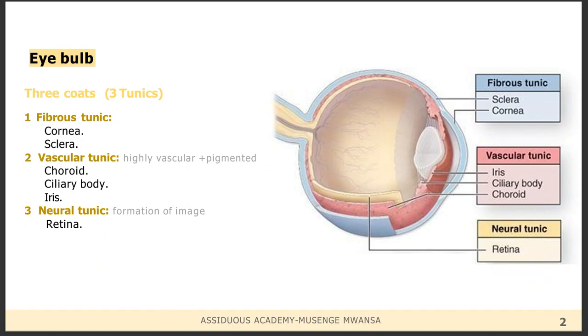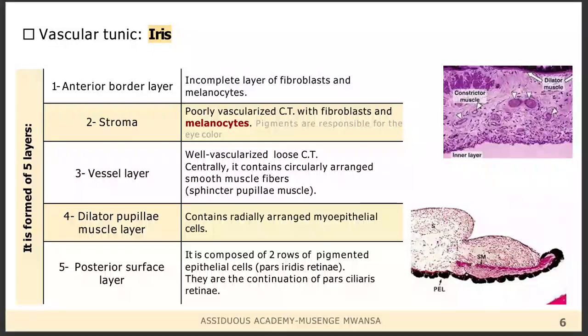Okay, so let me try to draw so that you get what we are trying to say about the iris here, the muscles that it has.